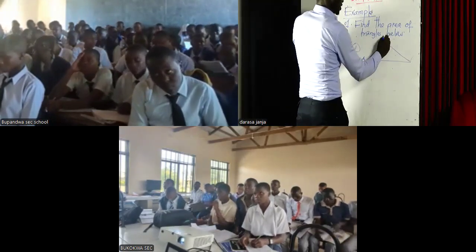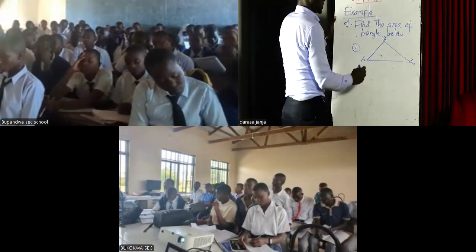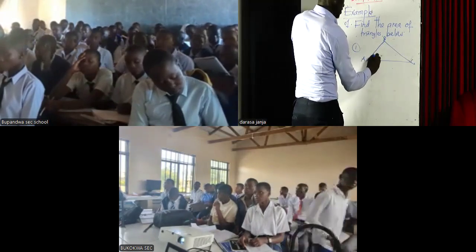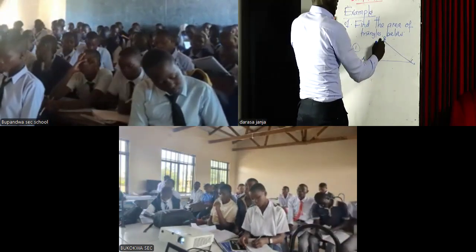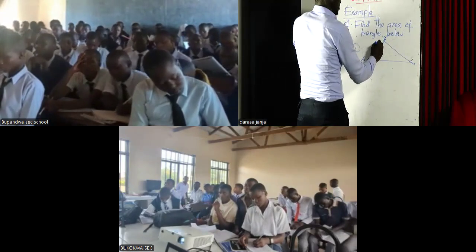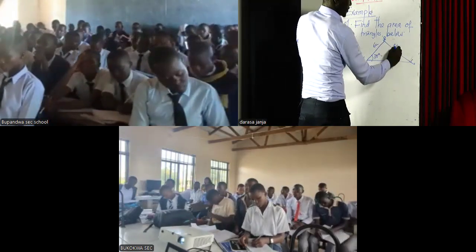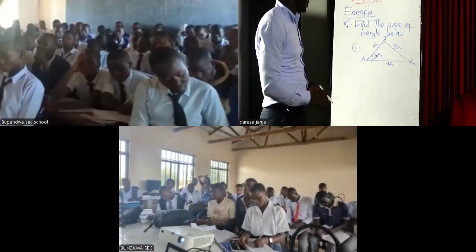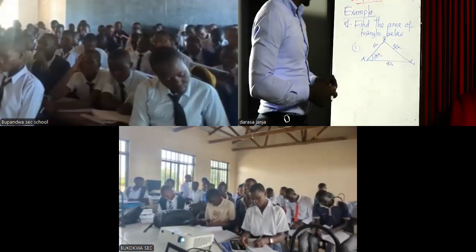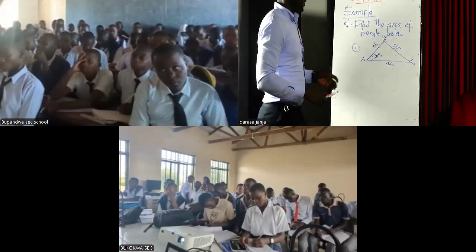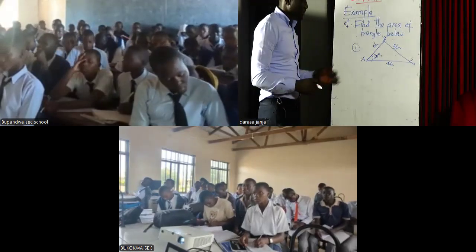This triangle is ABC. Now let's say the angle is 30 degrees, and the sides are 6 centimeters, 4 centimeters, 5 centimeters.